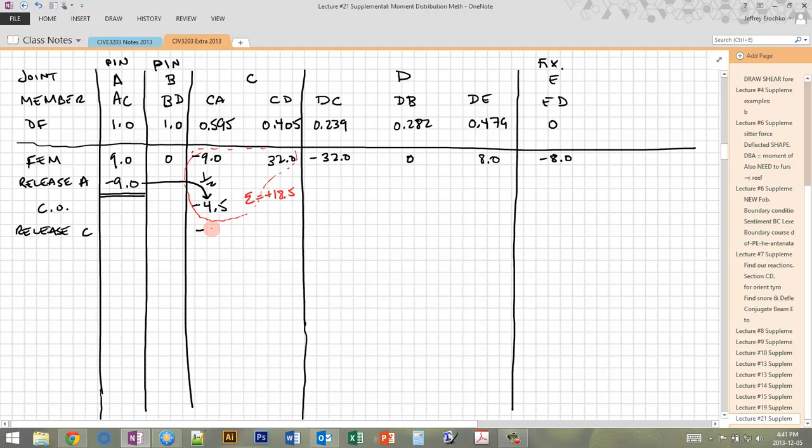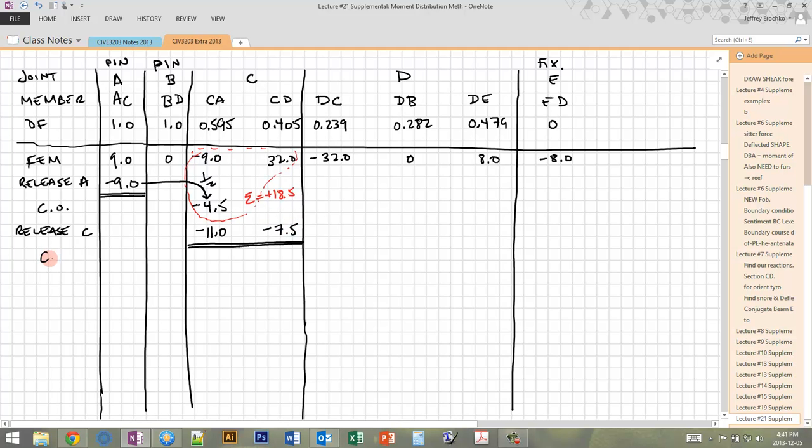This is going to come out to negative 11.0, and negative 18.5 times 0.405 is going to be equal to negative 7.5. And once I add those, this joint becomes into equilibrium, and we can check that just by adding up all of the numbers that are above this double line. So if I add negative 7.5, negative 11, negative 4.5, negative 9, and 32, these numbers all add up to 0. So this joint is now in equilibrium.